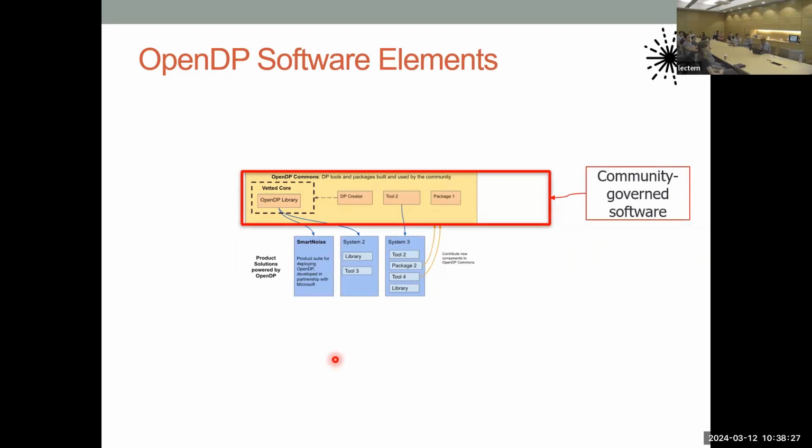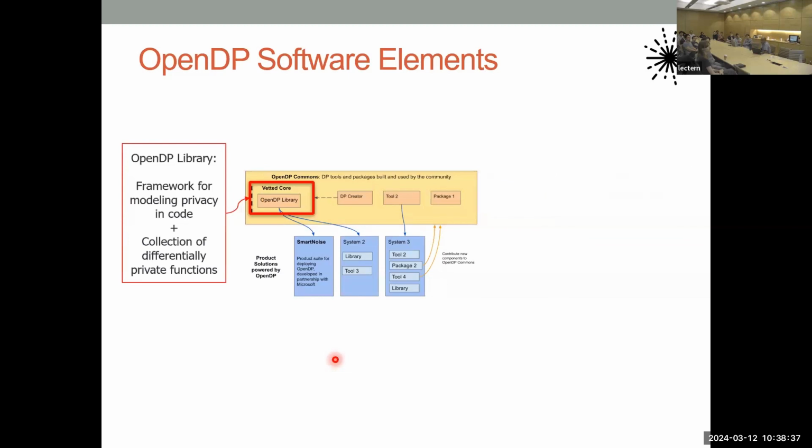The yellow part shown here is what we call the OpenDP Commons, and that's the portion we think of as really owned and governed by the OpenDP community. And the heart of that is the OpenDP library, which I will talk in some more depth about shortly. But that's really where the implementations of the fundamentals of differential privacy and how DP is modeled in code exists.